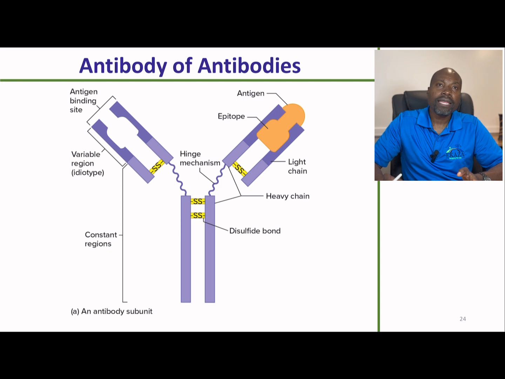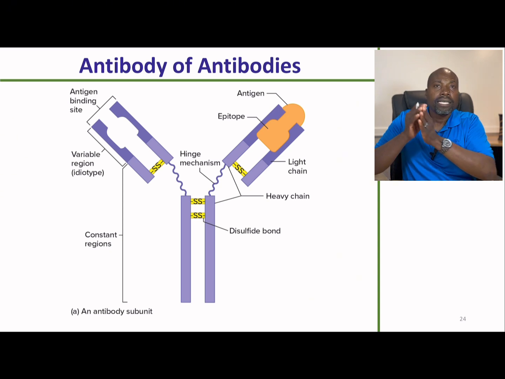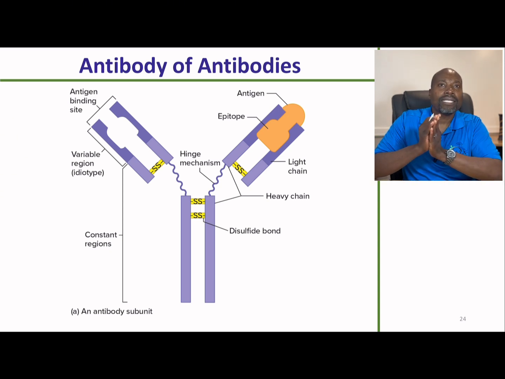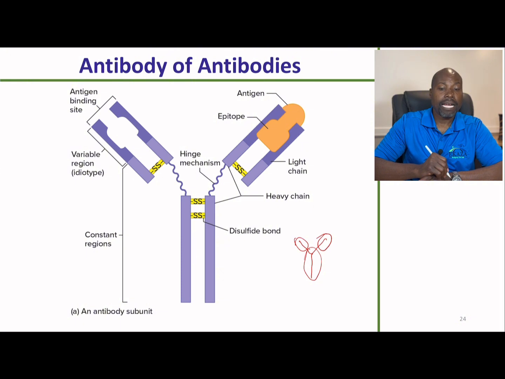Remember, we said that there is a connection between genetics and immunity. But what is that connection? Now, notice that an antibody has a Y shape, basically like this, with a foot and arms, right?